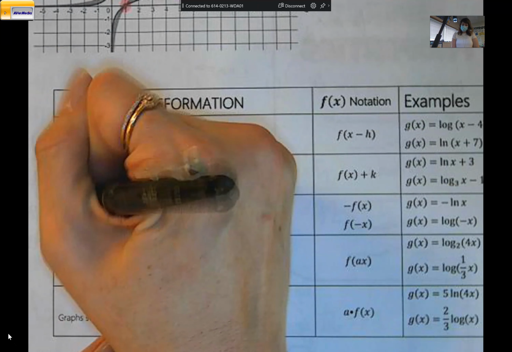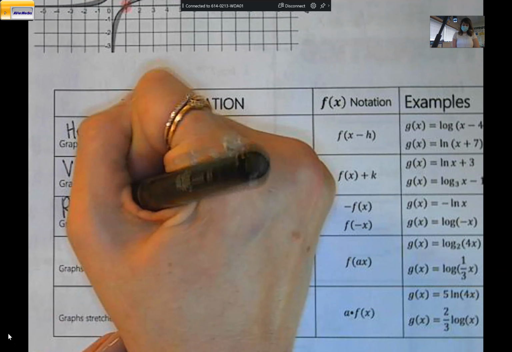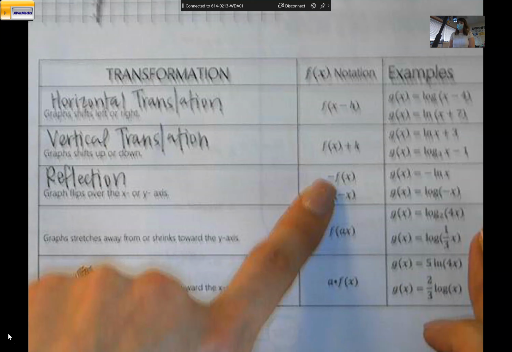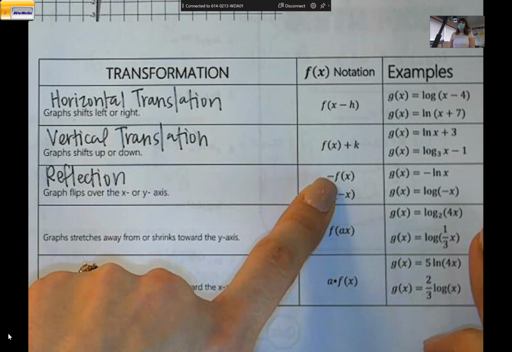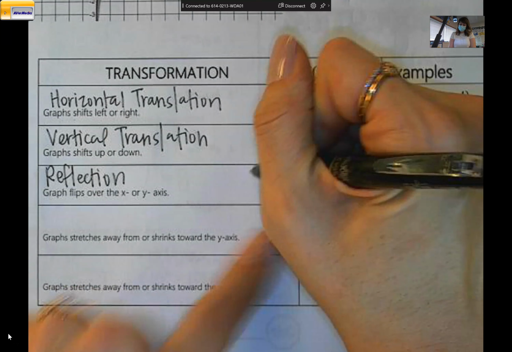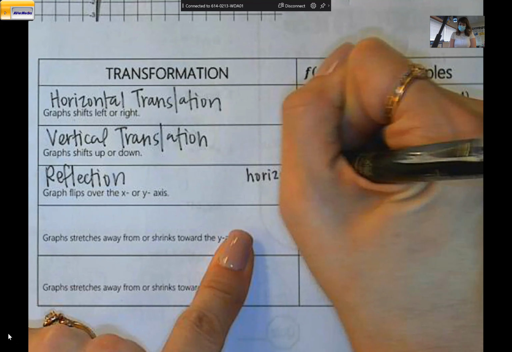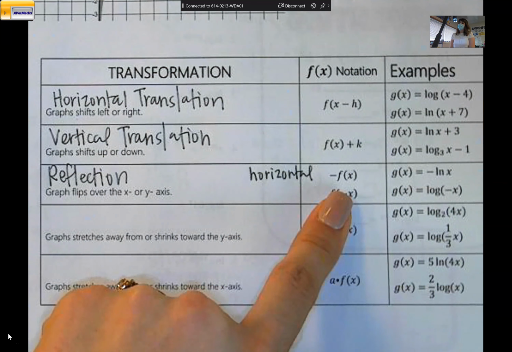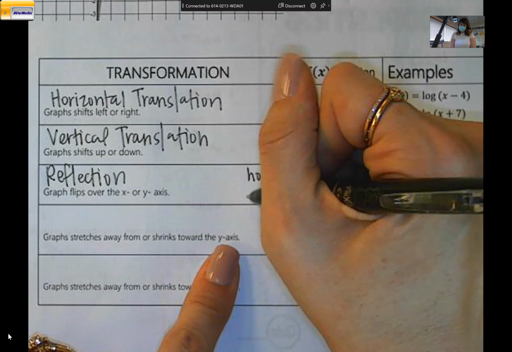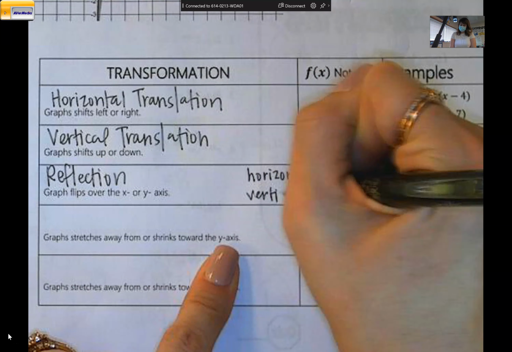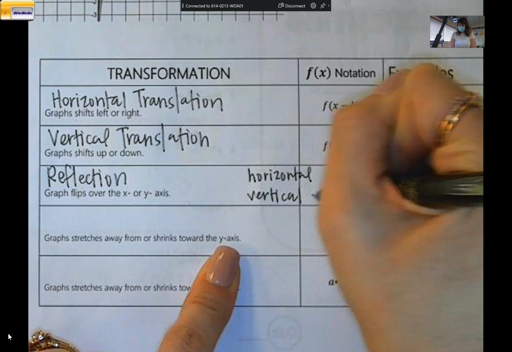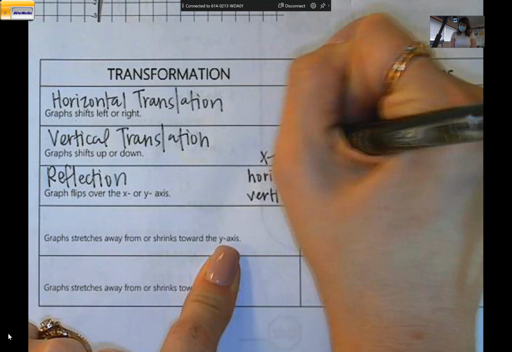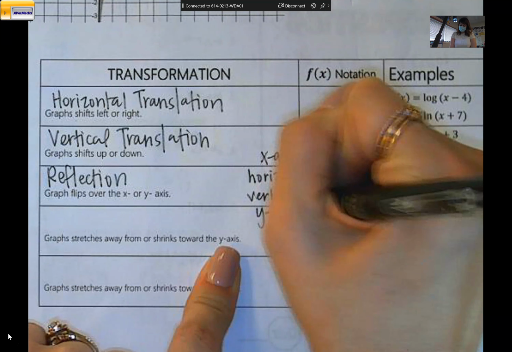Okay, next one is just a reflection. But we need to label these two in case you guys want to use this. So if it's on the front, it's horizontal. It's the one that we're used to. If it's inside, it's vertical. Remember, this one's x-axis, this one's y-axis.